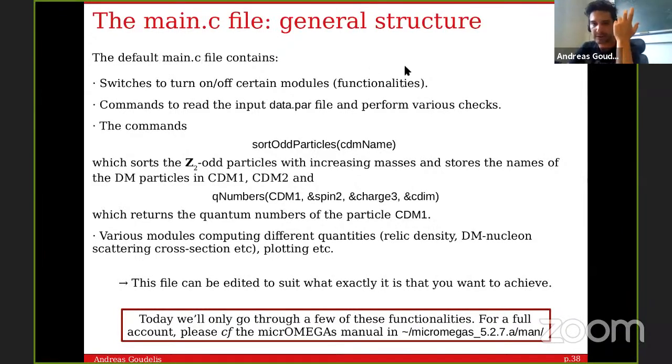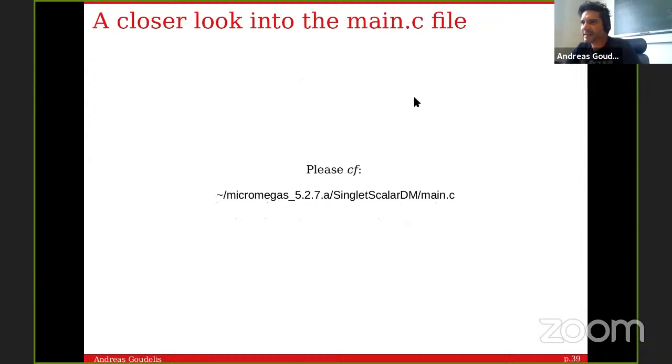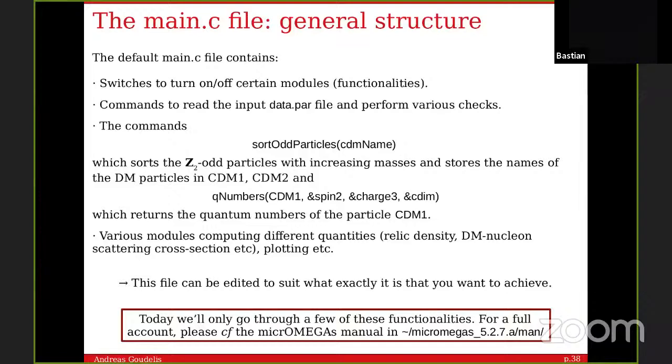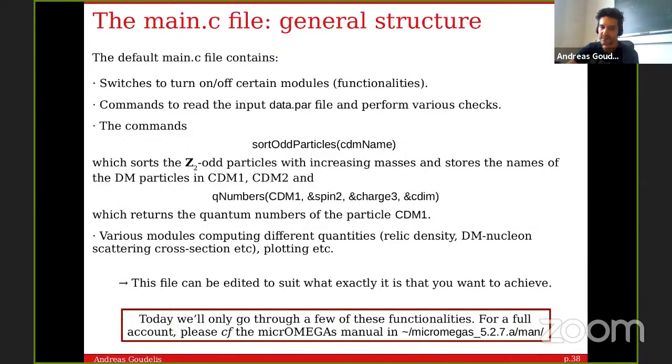This is the main file that you're editing in order to modify what you are asking micrOMEGAs to do and so on. And I think that the best is to actually open your main.c file. And we can start going through a little bit what is being done there.